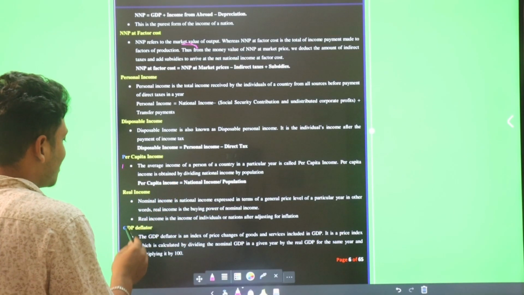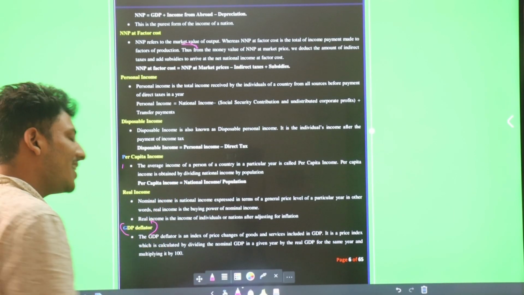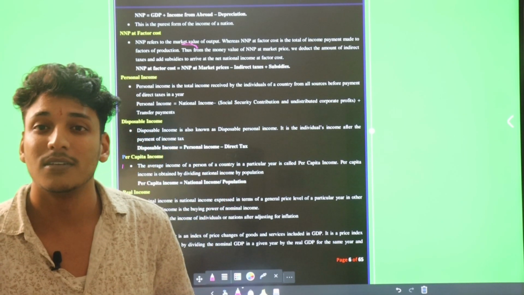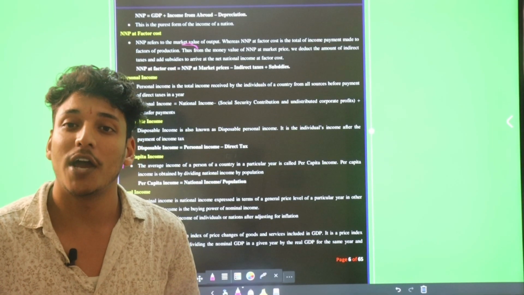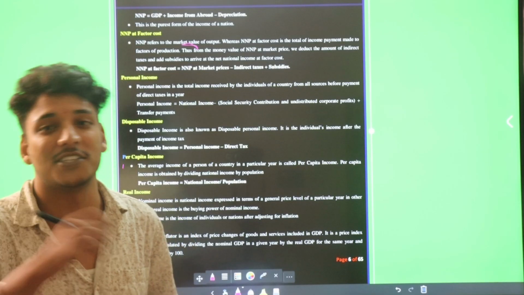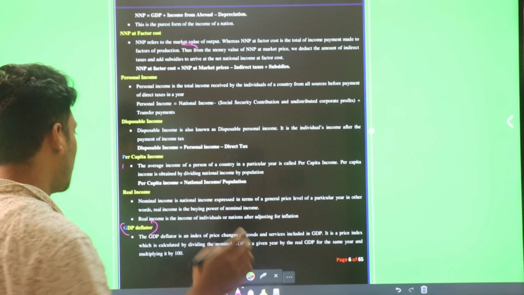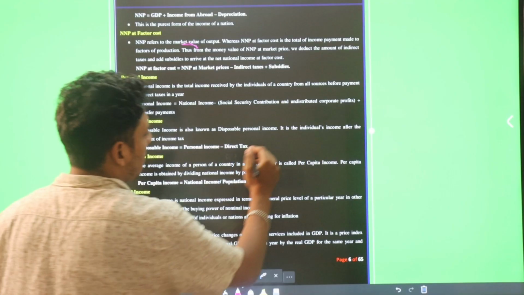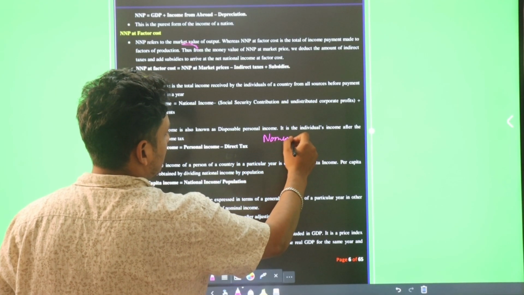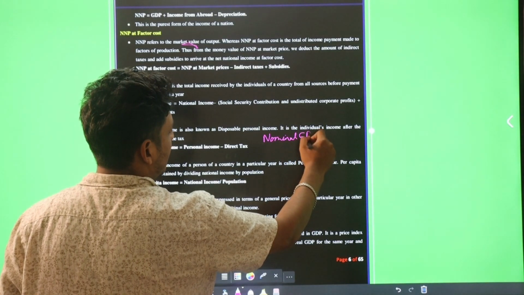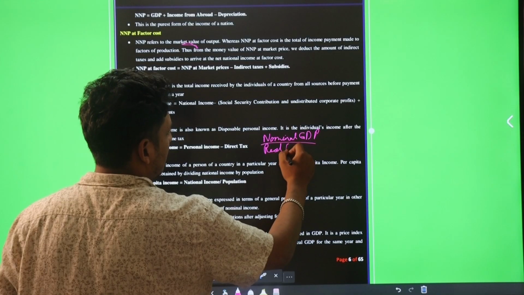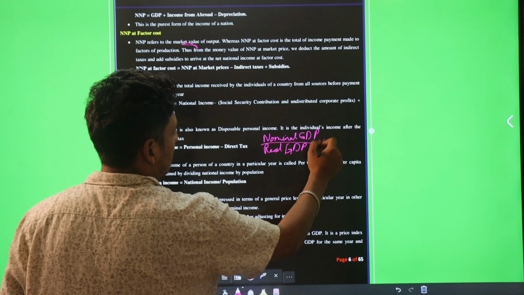Okay. Now GDP deflator. Basically GDP deflator tells you how much is your price or income after adjusting inflation. Okay, that's it, your GDP deflator. And the formula for it is nominal GDP upon real GDP into 100.